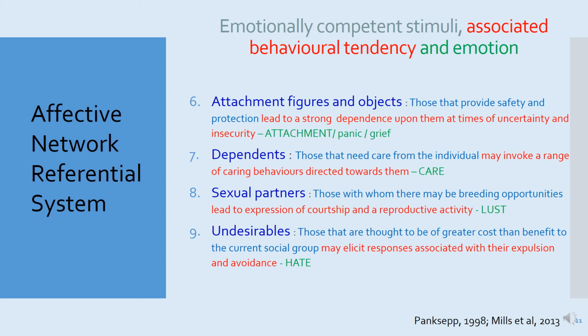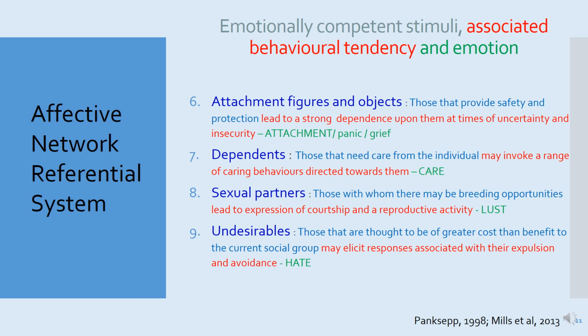Within the ethological literature, there is a large reference made to detection of cheats within a social group, who are basically costing the group more than the benefits that they bring. And it seems reasonable to suppose that this also has an emotional association. I refer to this as the hate system.